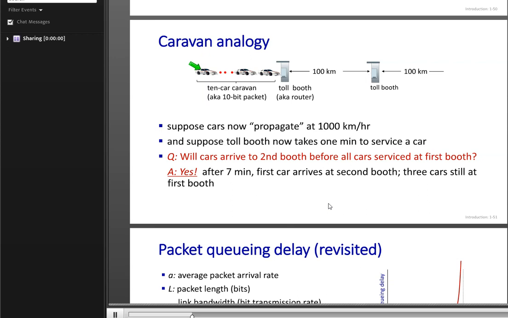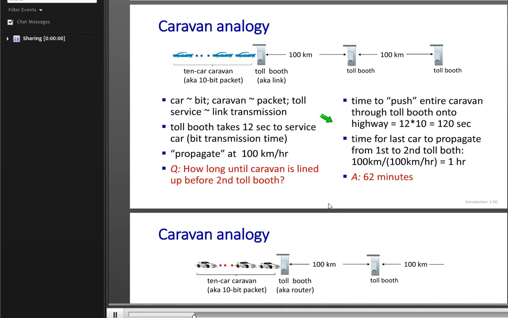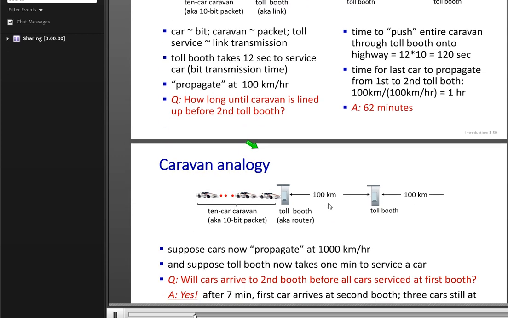Okay? Let me make some changes in the example, and let's suppose that the propagation speed of cars increases to 1,000 kilometers per hour.